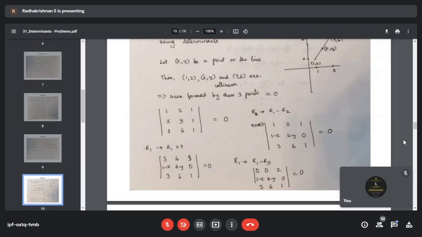You see now, after the first transformation, you get 1, 2, 1, 1 minus x, 2 minus y, 0, 3, 6, 1 and 1.